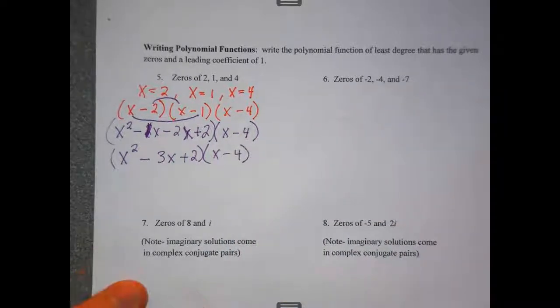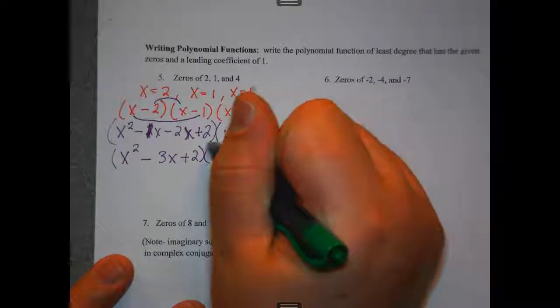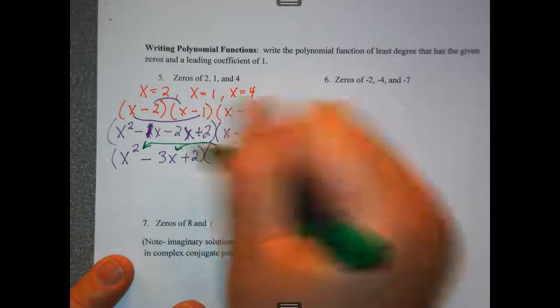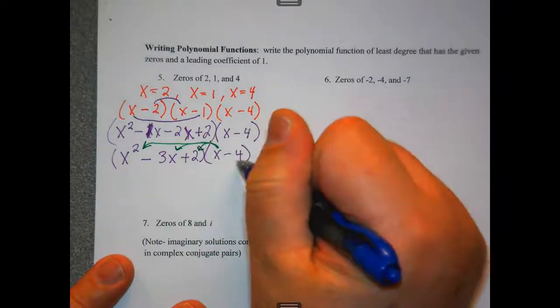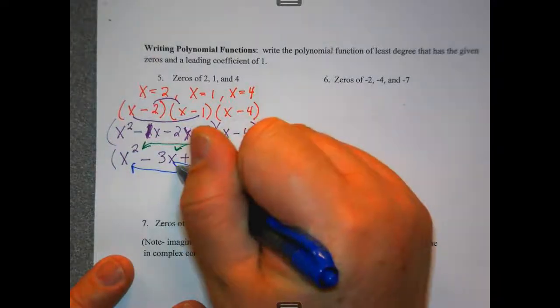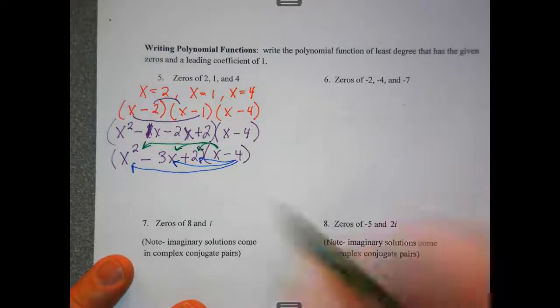And what do we have to do with the x minus 4? We have to distribute the x, and we have to distribute the 4, right? Distribute the x.